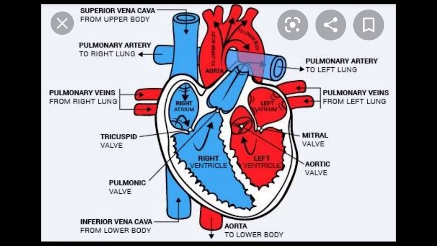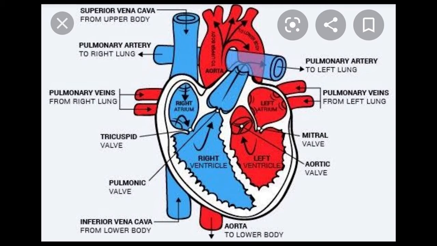Next, page number 108. The carbon dioxide-rich blood which enters the right auricle then enters the right ventricle through a one-way door. This is called the tricuspid valve. Here I must say that valve means one-way door.